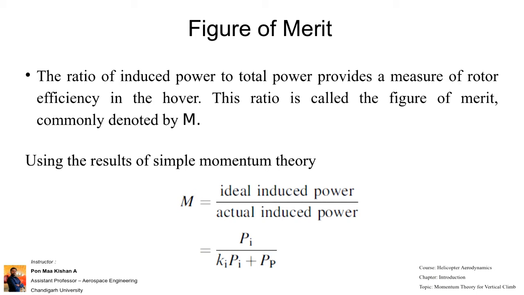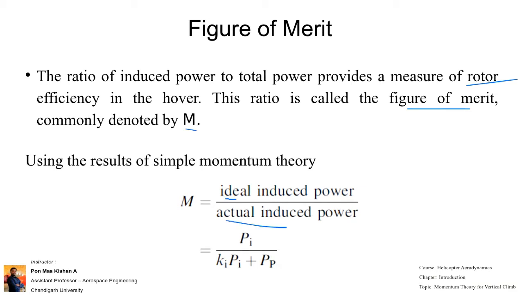So the figure of merit will be denoted with M. Again, this notation will vary from book to book and article to article. Wherever you study figure of merit, it is related to the rotor efficiency, and it is given as ideal induced power divided by actual induced power.